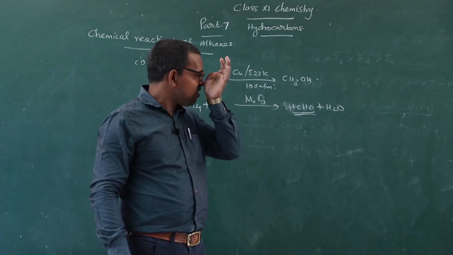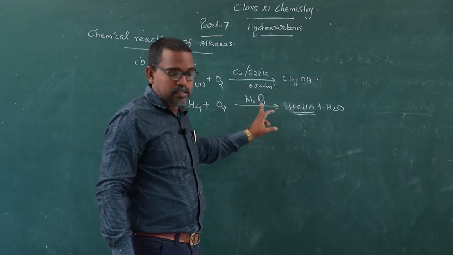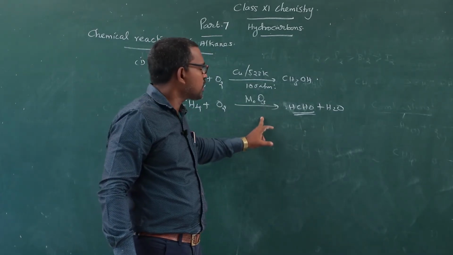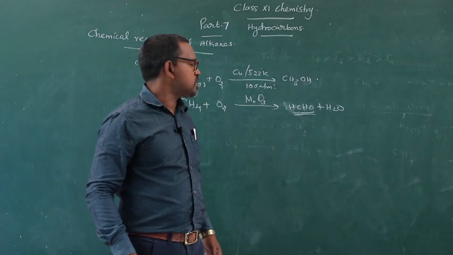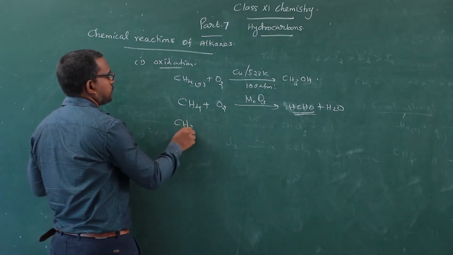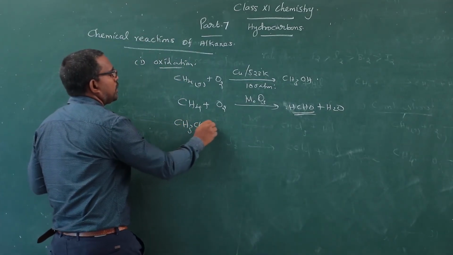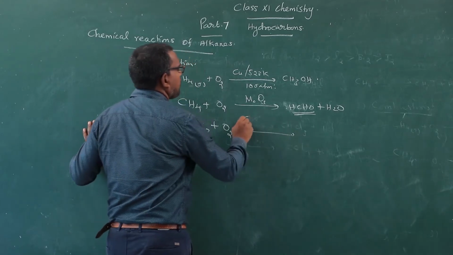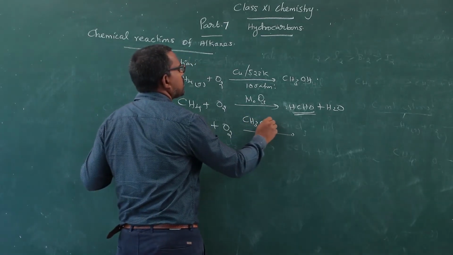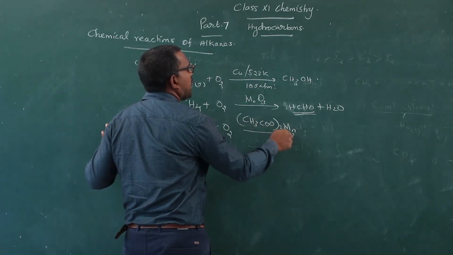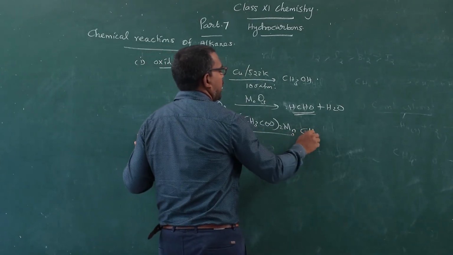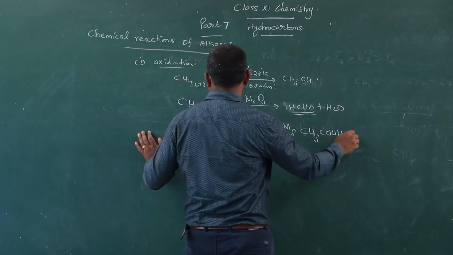Ethane on oxidation with manganese acetate, (CH3COO)2Mn, gives acetic acid.